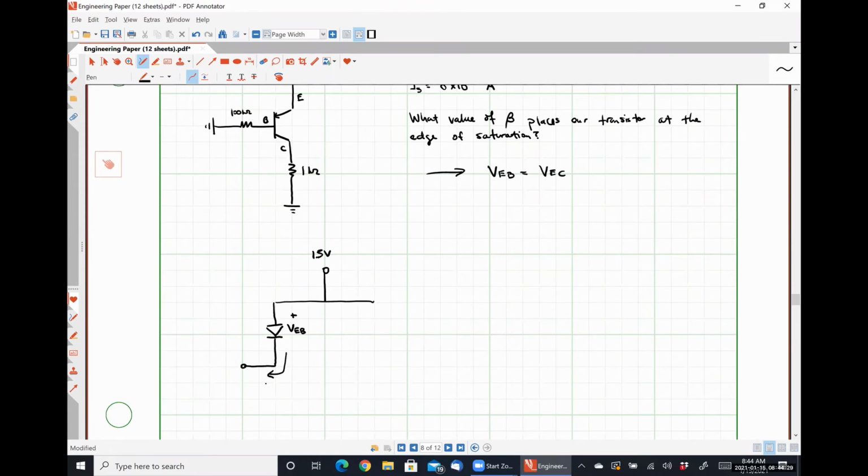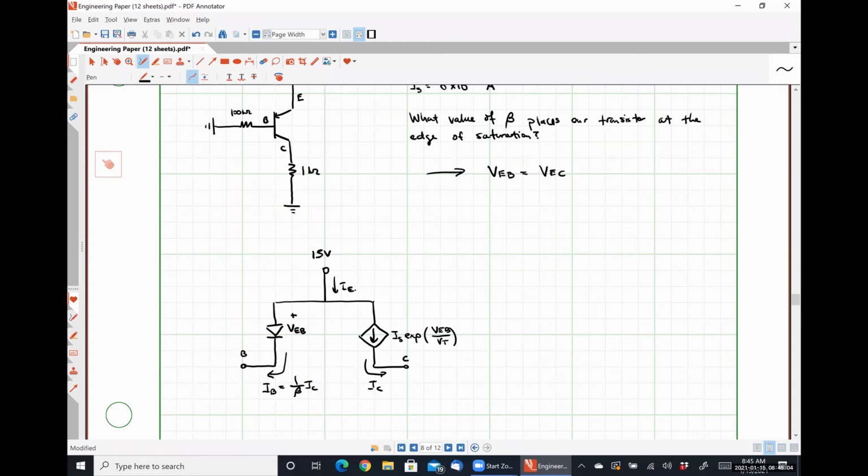Here's my base current, IB, equal to 1 over beta times IC. There's the base terminal, here's the collector terminal, here's my collector current, here's my emitter current.